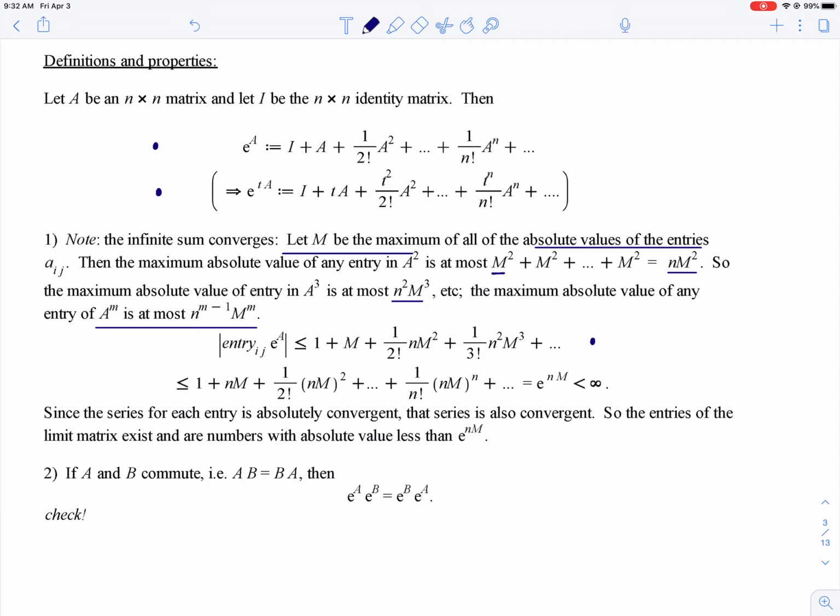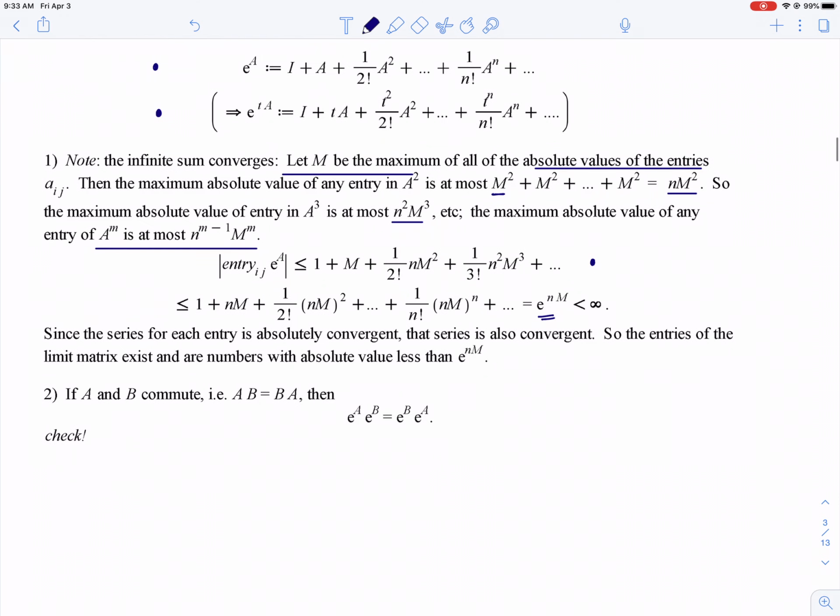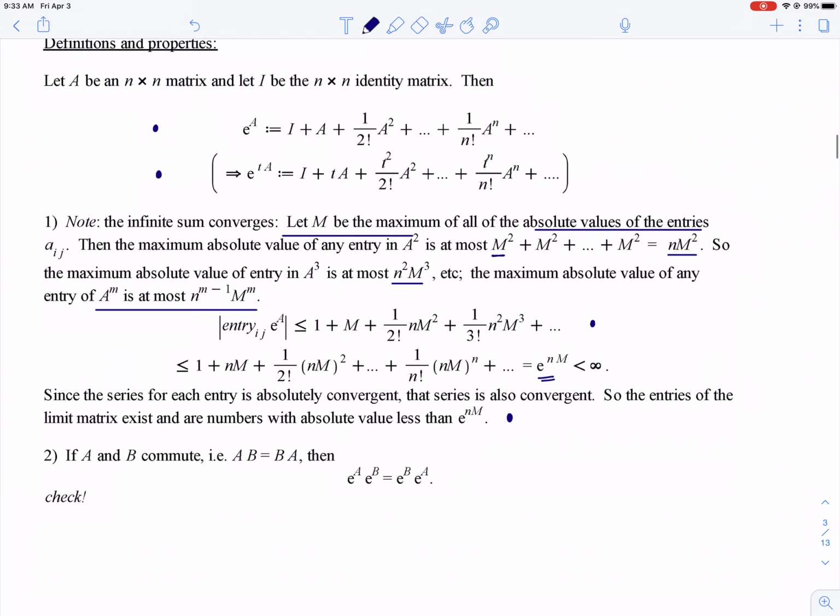Actually, if you just multiply all of the terms starting with the second one by n, you get exactly e to the nM. So the infinite series for each entry is absolutely convergent, and so it's convergent. Okay, so that's why the series always converges.